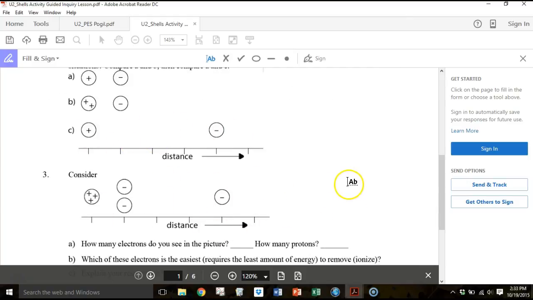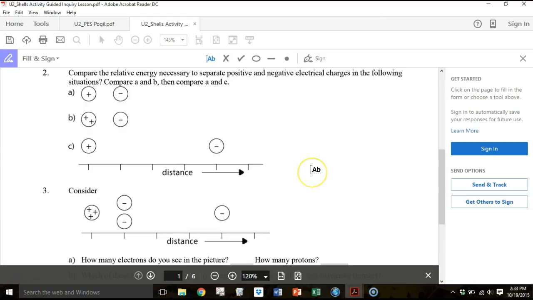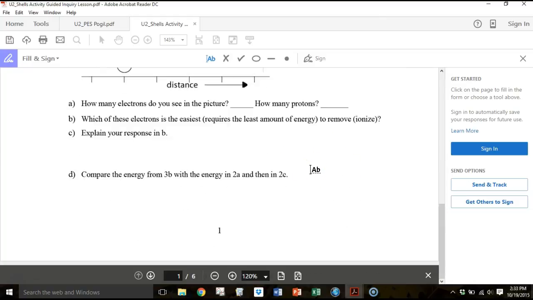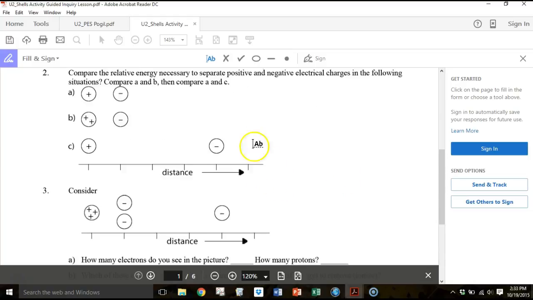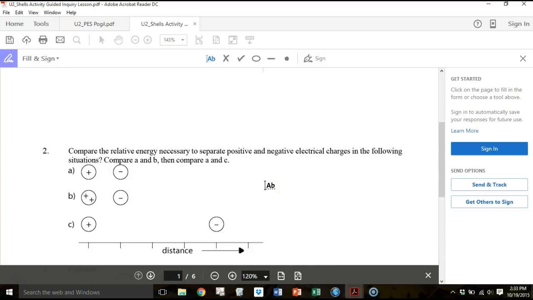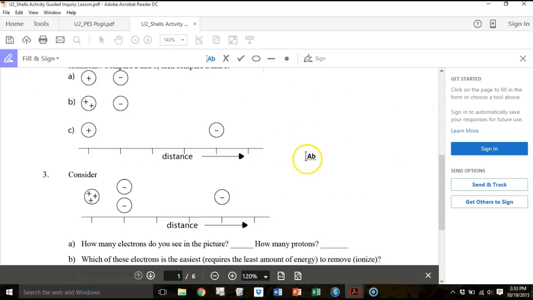So again, you can factor that into your discussions about the relative effect of this distance on this versus on this scenario. So I'm not going to go through all the answers to everything individually because I think this part is pretty easy to see where these relationships are coming from with the forces and the particle charges.